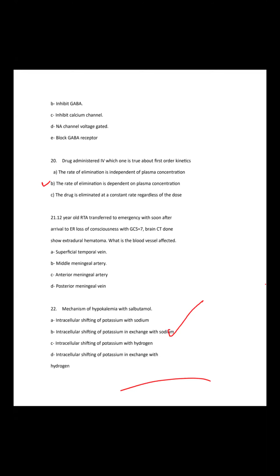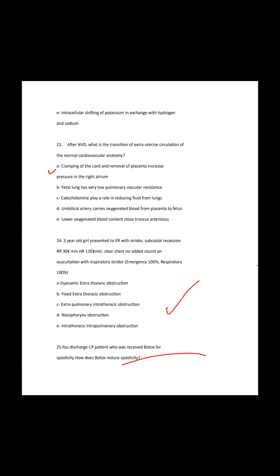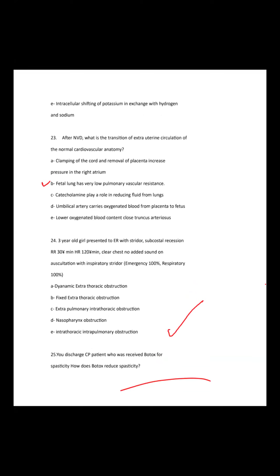Now the next question, 23. After NVD, transition to extrauterine circulation. We have discussed that catecholamines play a role in reducing lung volume. Now this is a 3-year-old girl presented with stridor.